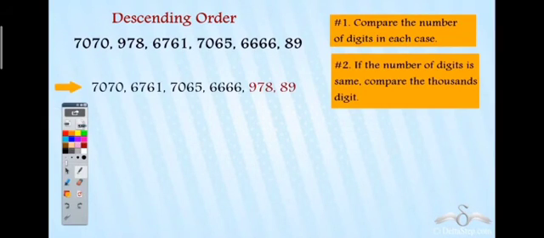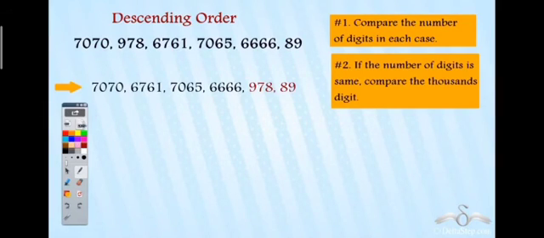Now what was the second rule? We have to compare the thousands place, right? So in the first number we have 7 at thousands place, in the second number we have 6, in the third number again we have 7 at thousands place, and in the fourth number we have 6 at thousands place.